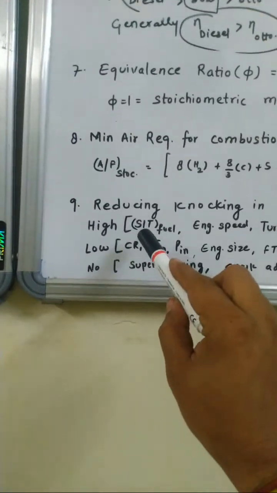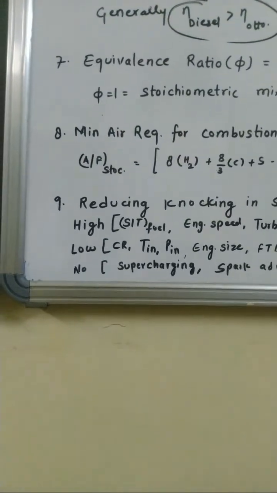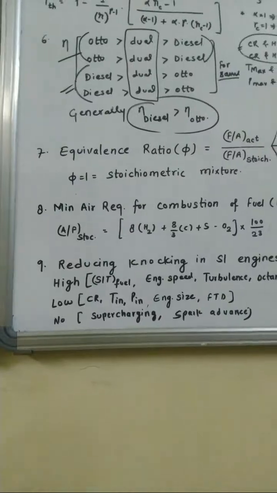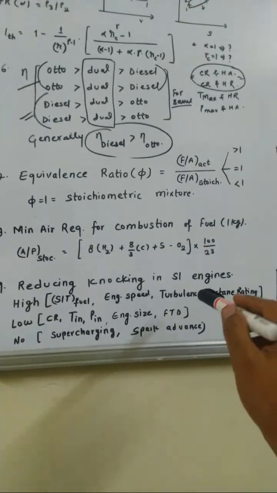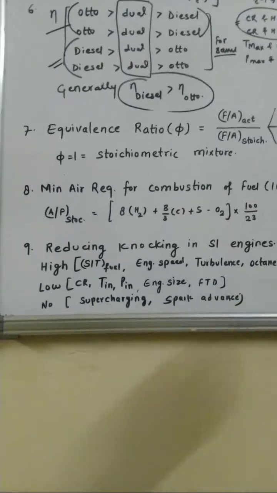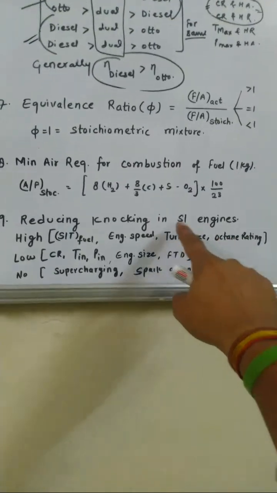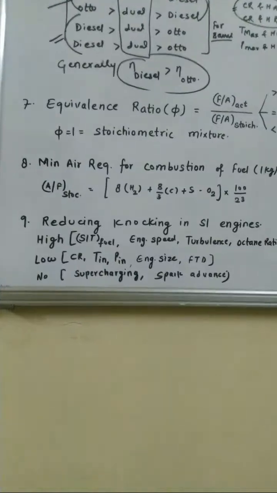The self ignition temperature of the fuel should be high. The engine speed should be high. The turbulence inside the cylinder should be high. The octane rating should be high. Remember, we are seeing the spark ignition engine only.